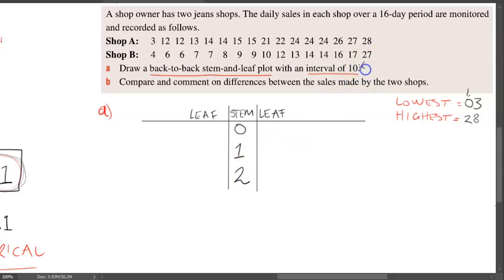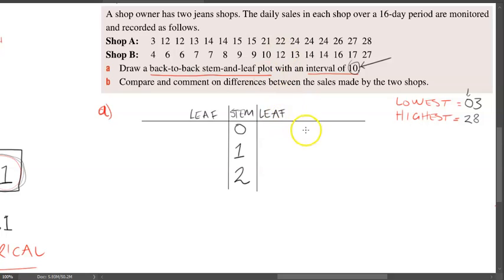Now you would think that this type of information seems redundant, but if we wanted an interval of 5, we would chunk them up by 0 to 4 and then 5 to 9. So we would have 2 stems of 0, then 2 stems of 1, and then 2 stems of 2. That is assuming our interval is 5. In this case it's 10, so we're just going up by 10s within our stem.